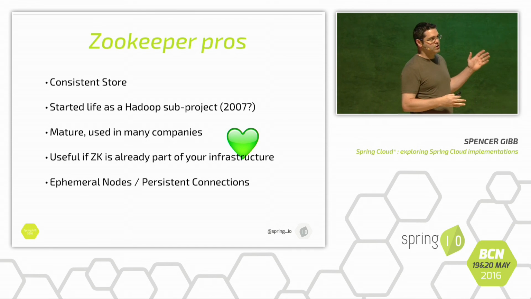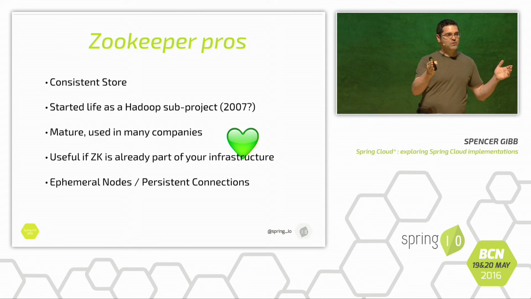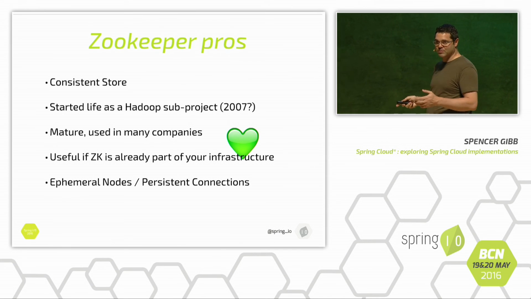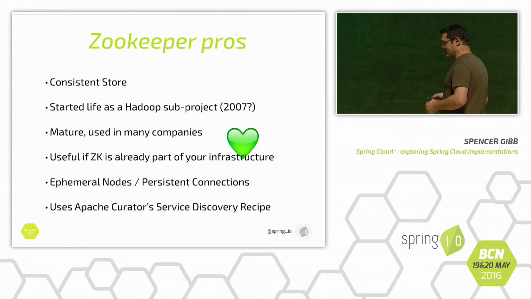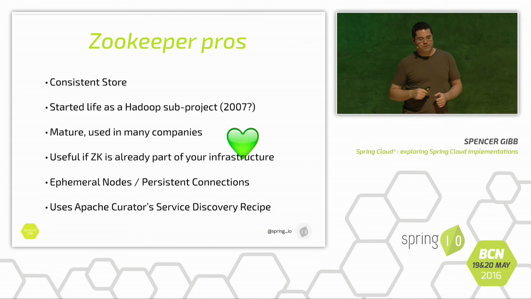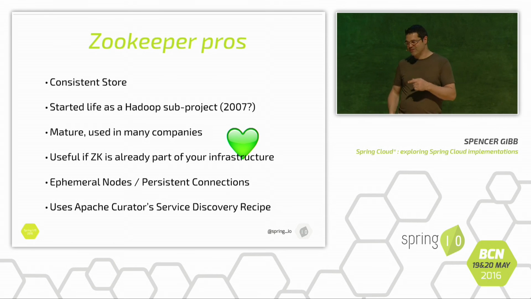You could build a discovery system that way, because each node will register and create an ephemeral node that part of its data is its host and port. And in fact, that's what Curator does in one of its recipes. Curator started life as a Netflix project, by the way, which is interesting.